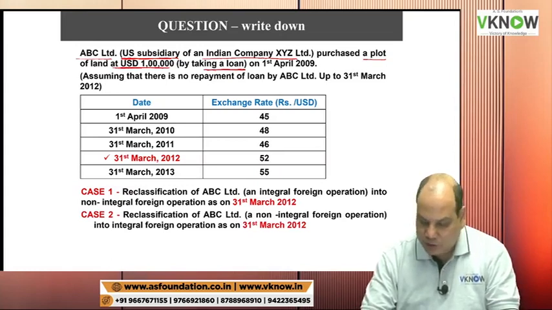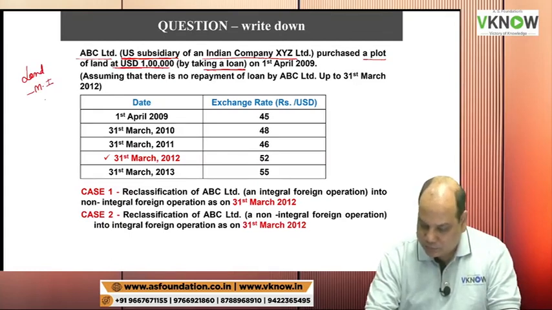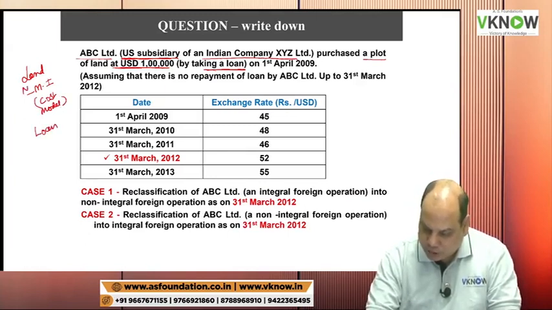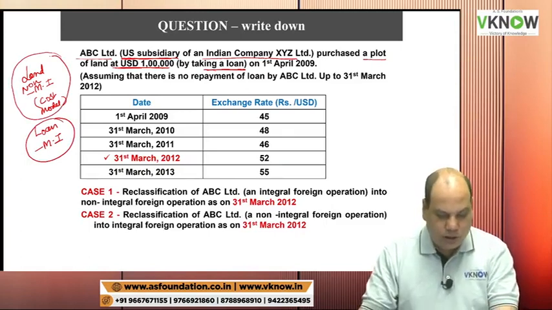So why have we given a loan? Because land is a non-monetary item, usually carried using the cost model, whereas loan is a monetary item. So in the same question, you will see the effect of both.